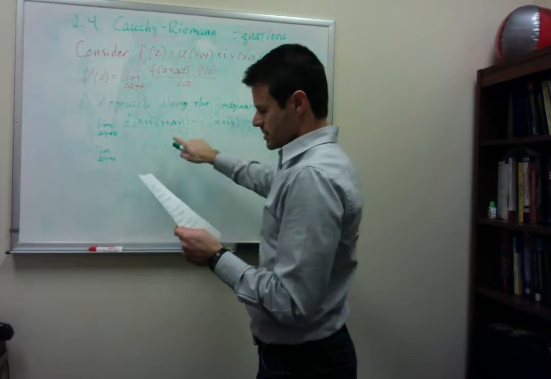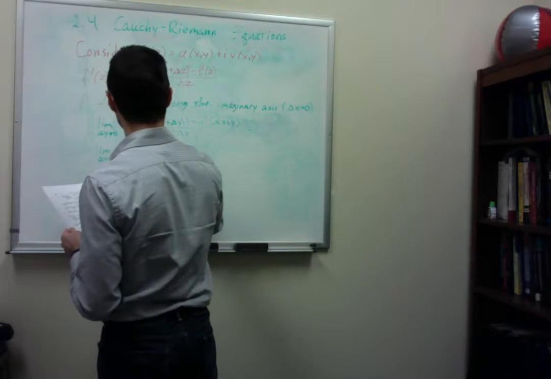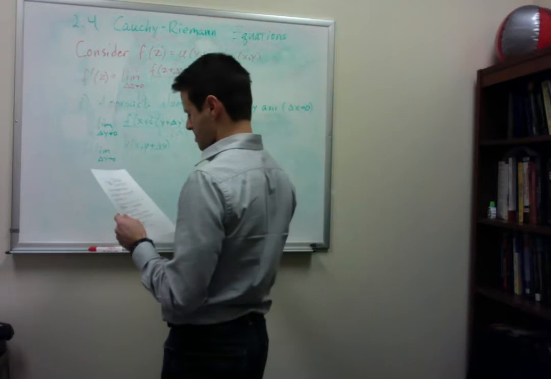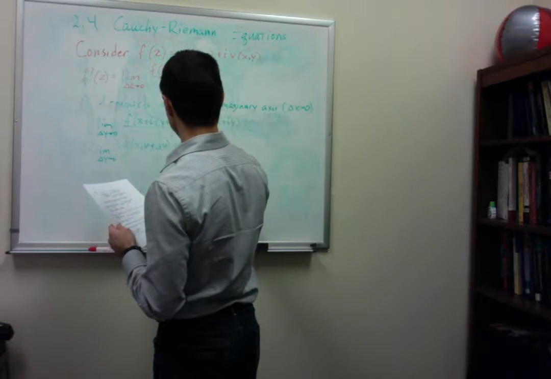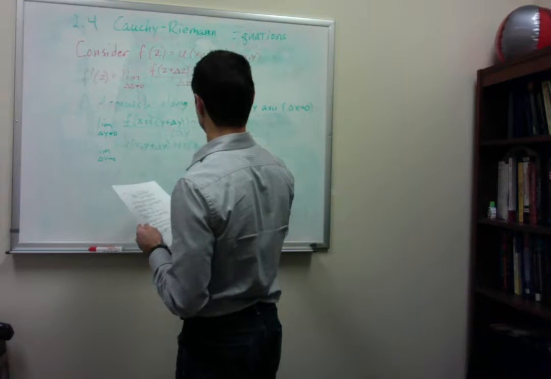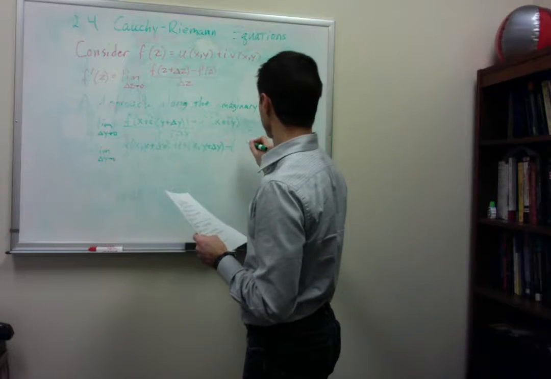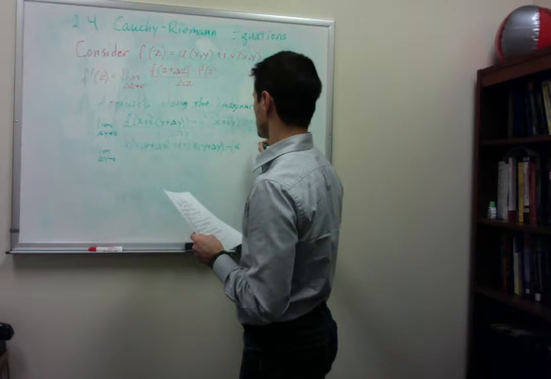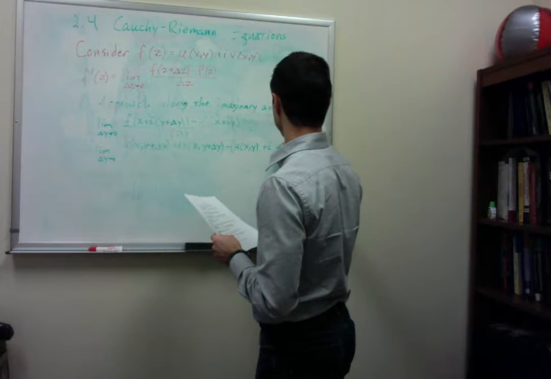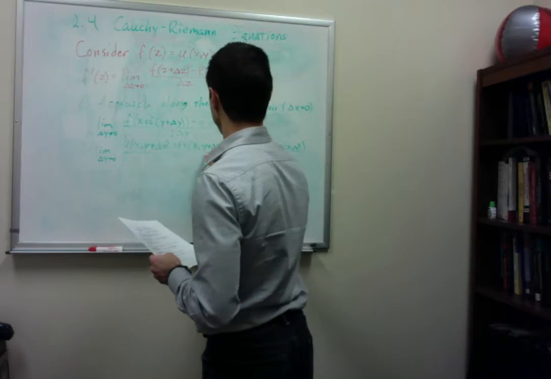So the next line is u of x, y plus delta y, plus i v of x, y plus delta y. Okay. And now minus, in parentheses, u of xy plus i v of xy. This is all divided by i delta y.